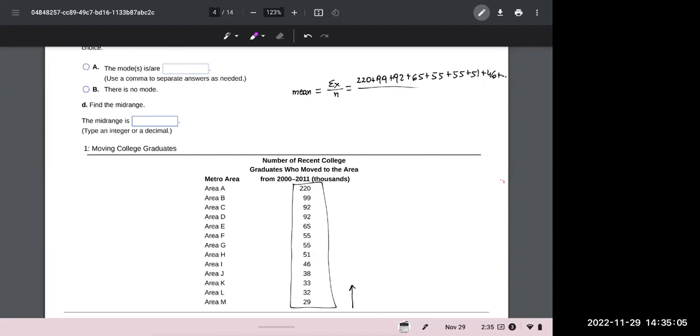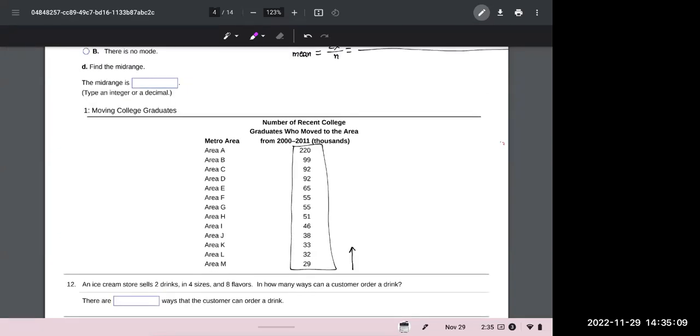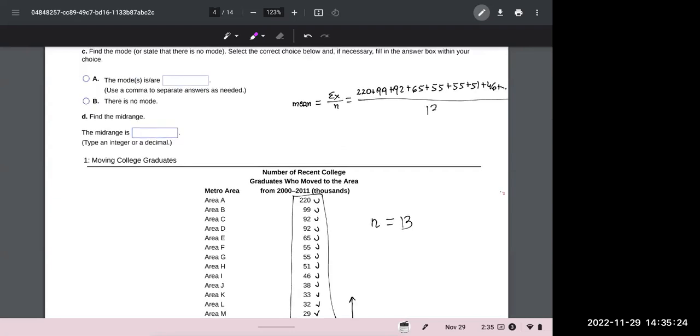Then divide by n, which tells you how many numbers we have. So we have 1, 2, 3, 4, 5, 6, 7, 8, 9, 10, 11, 12, 13. So we'll be dividing by 13. That's the mean: we add all the numbers and divide by 13.